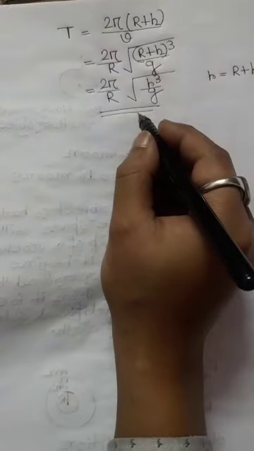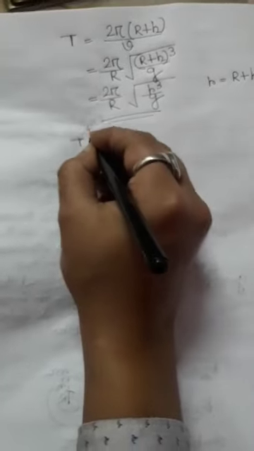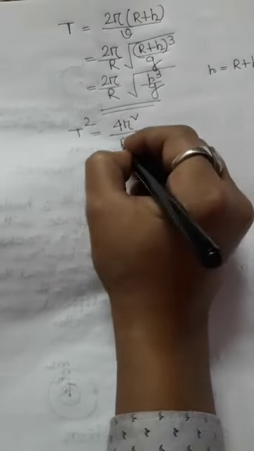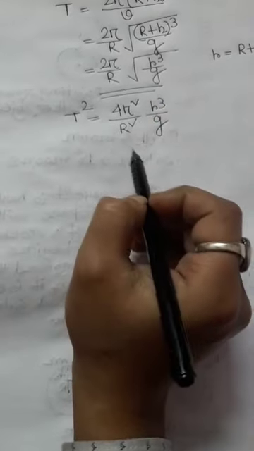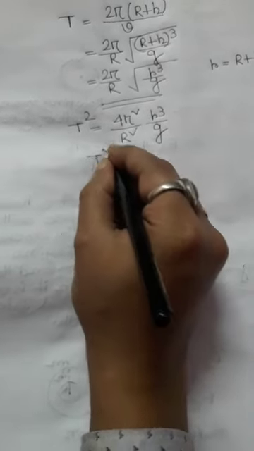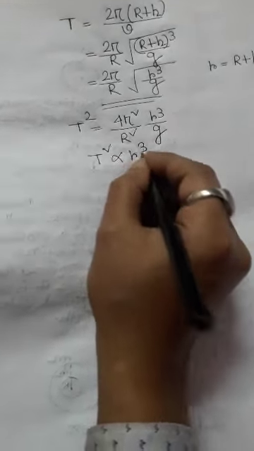Now if we take square on both sides, then what do we get? We get 4 pi square by R square into r cube by g. Now pi, capital R, that is the radius of earth, and small g are all constant, so we can write T square proportional to r cube.